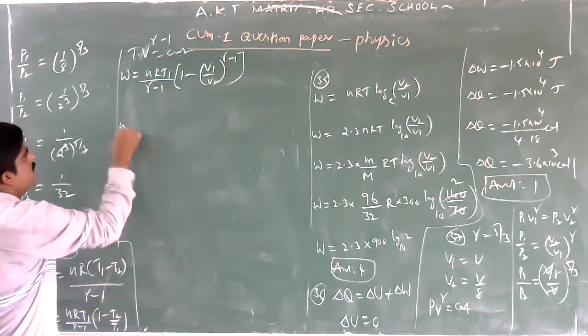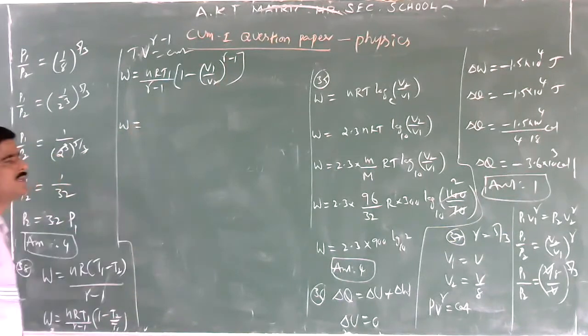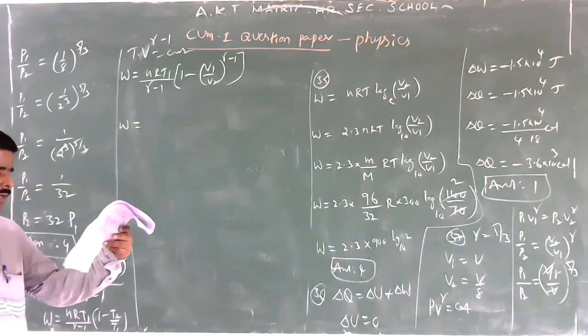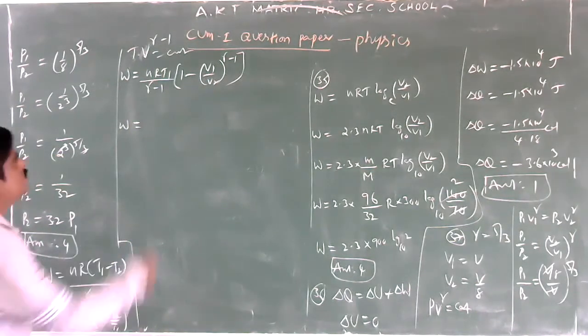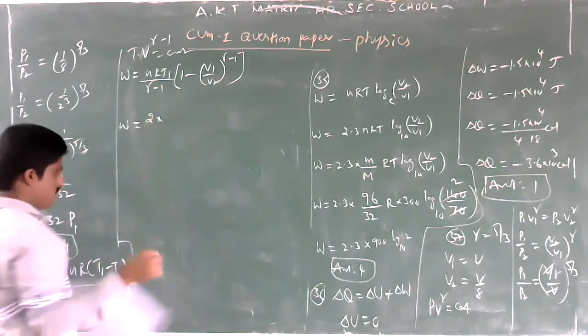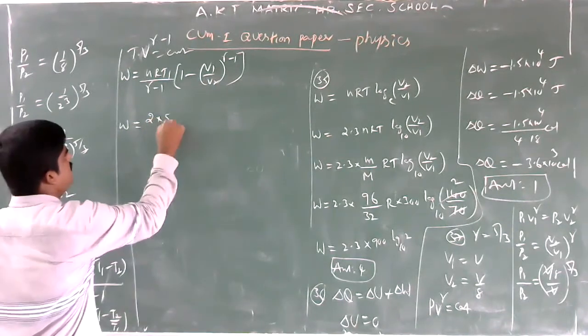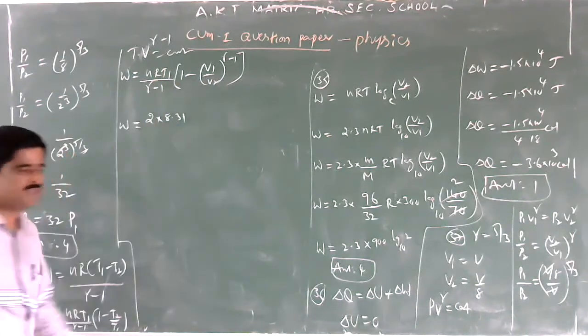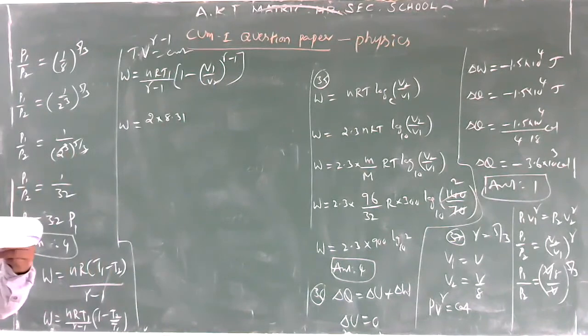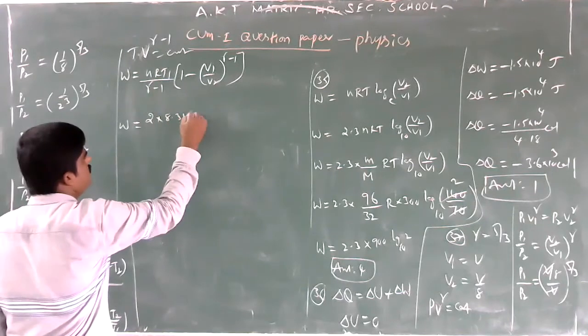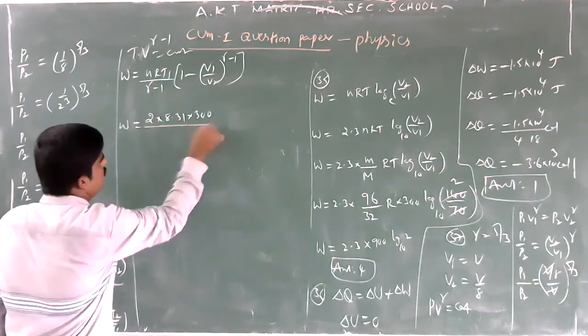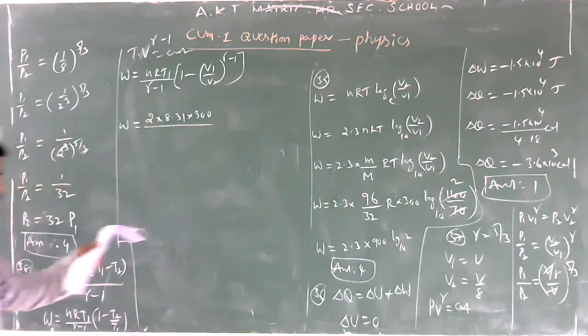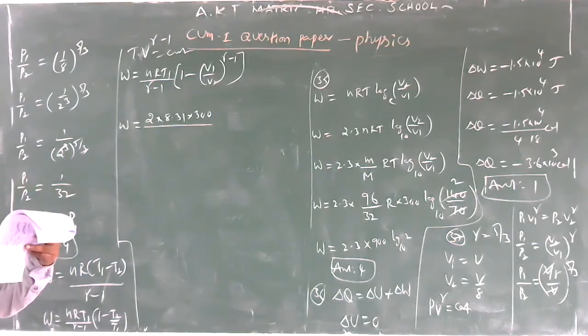Then W is equal to, now substitute the respective values. n is 2 moles, R value is given as 8.31. Next, the temperature of the gas: monatomic gas at 27 degrees Celsius, in Kelvin 27 plus 273, 300, by gamma. What is the value of gamma? Which gas is given?